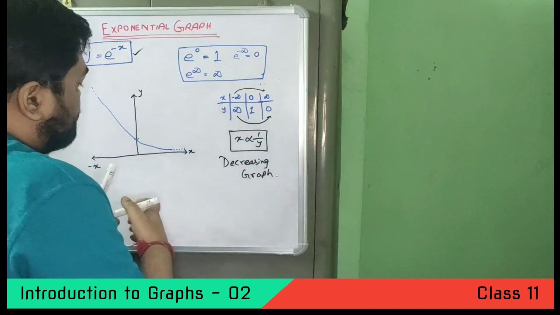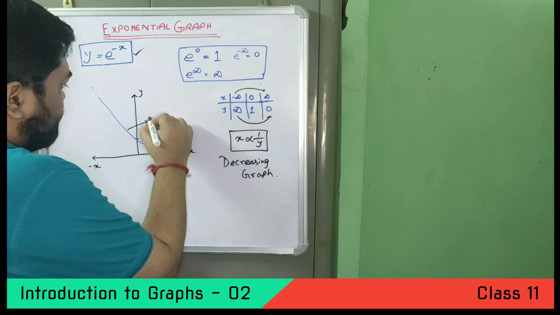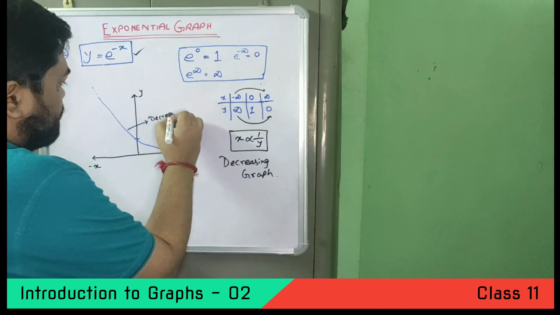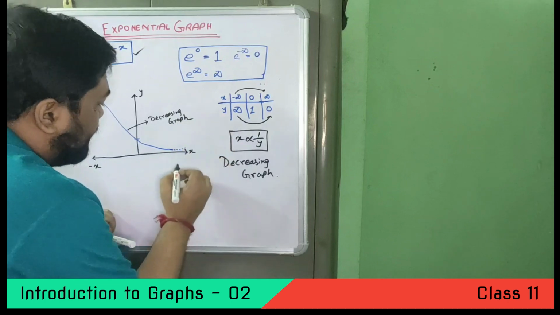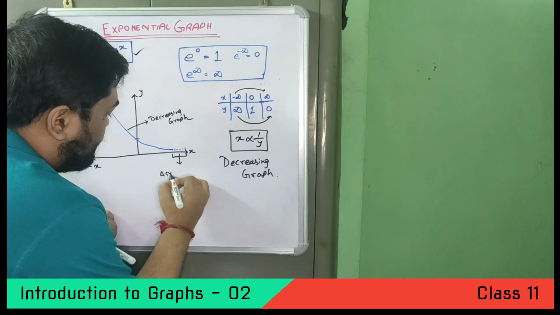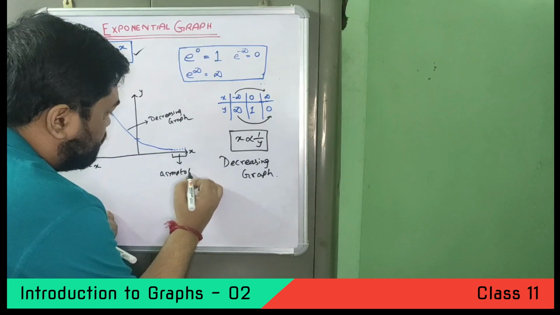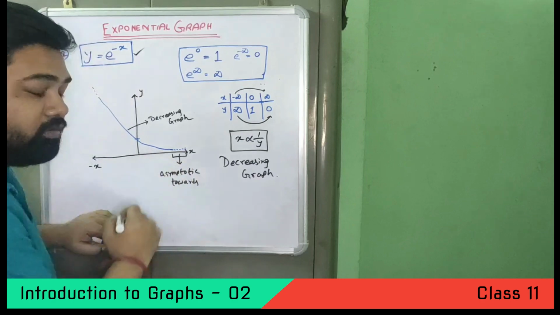Now this will be a decreasing type of graph, right? This will be a decreasing graph, and this dotted value is asymptotic towards which direction of the x-axis?